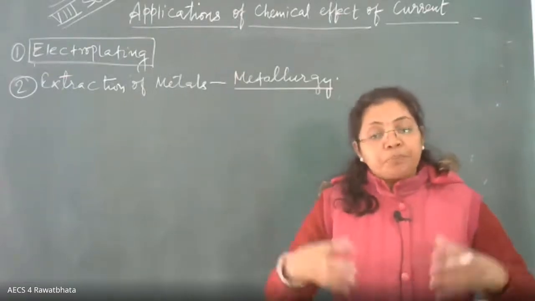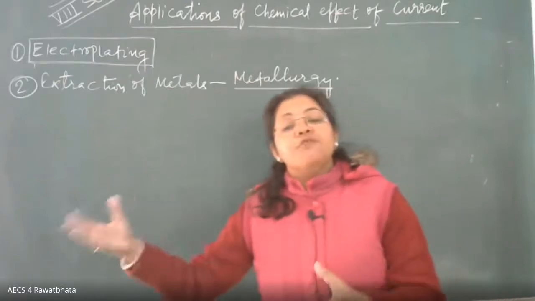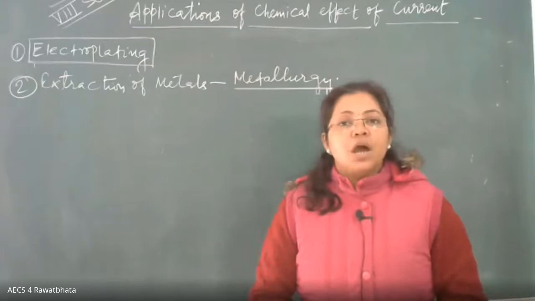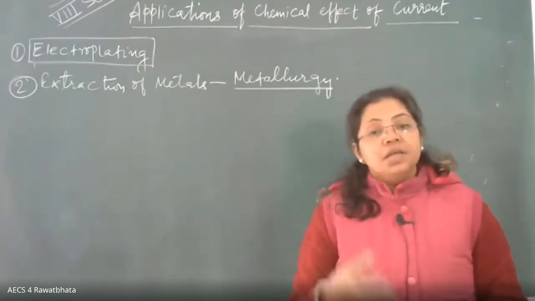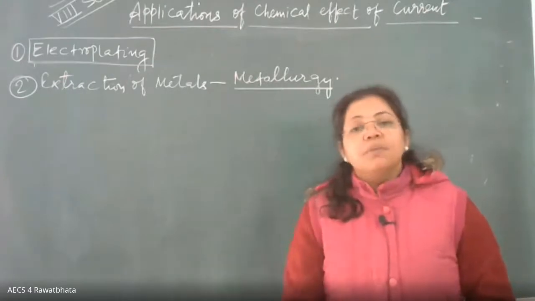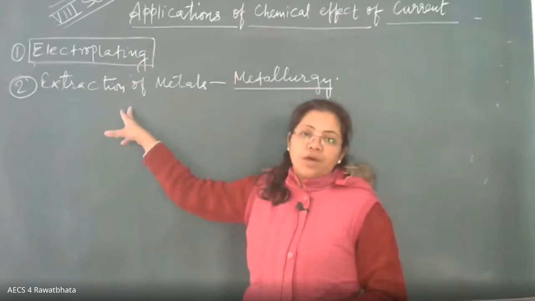For example, some metals we obtain from the earth's crust, some we obtain from sea water, right? So a lot of reactions we have to carry out, and then finally we get these metals. In some extractions of metals, we make use of this chemical effect of current.